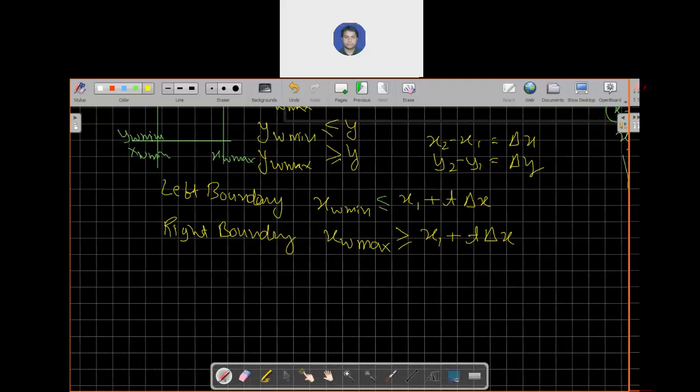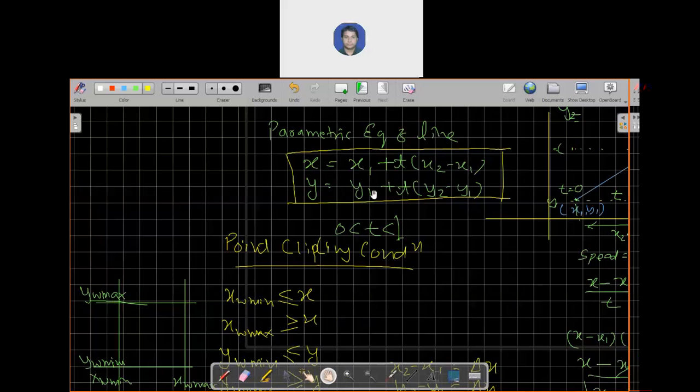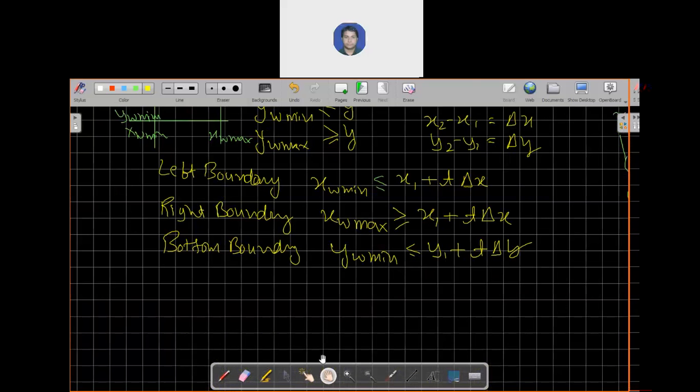For the bottom boundary, yw min is less than or equal to y, which is y1 plus t into delta y. For the top boundary, yw max will be greater than or equal to y1 plus t into delta y. At this point, if you have any doubt, you can ask.